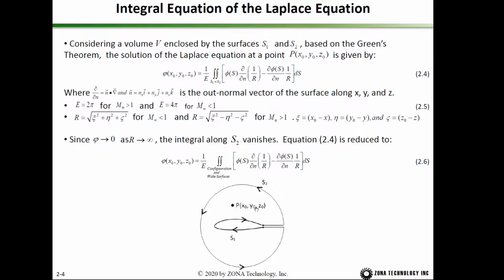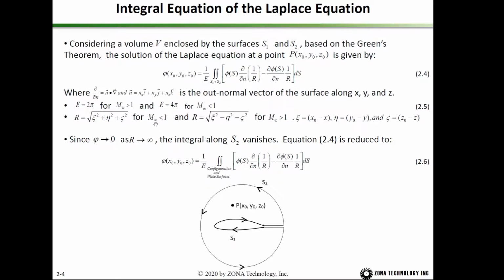For point P, the potential is equal to a surface integral, where V sub s we call doublet, and partial V partial N we call source singularity, and N is the orthonormal vector of the surface, and partial V partial N is N dot gradient, and E is 2 pi for supersonic and 4 pi for subsonic.